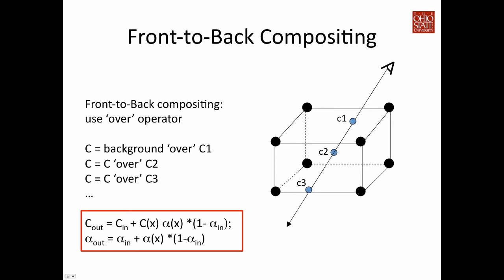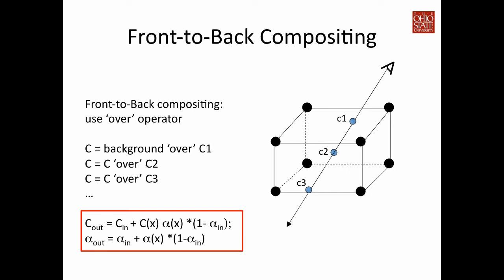Then you save the accumulated color, and you continue to march your ray. When you see the next point, C2, you blend the accumulated color and opacity so far on top of C2, that is, over C2. And you continue the ray and blend on top of the next sample and the next sample, and so on and so forth.